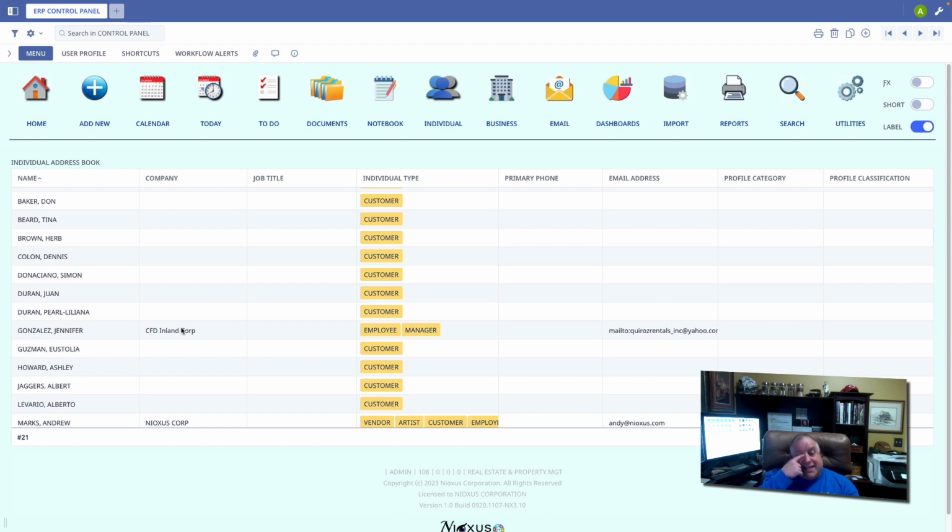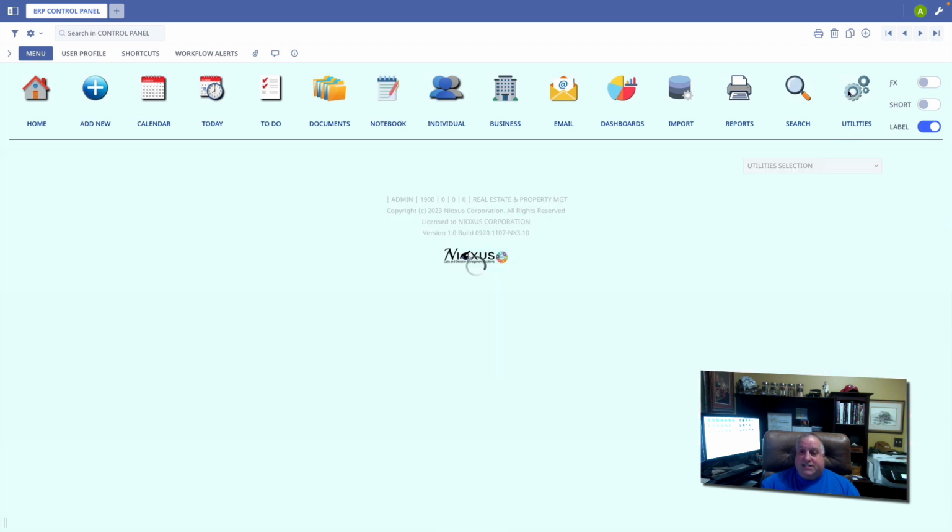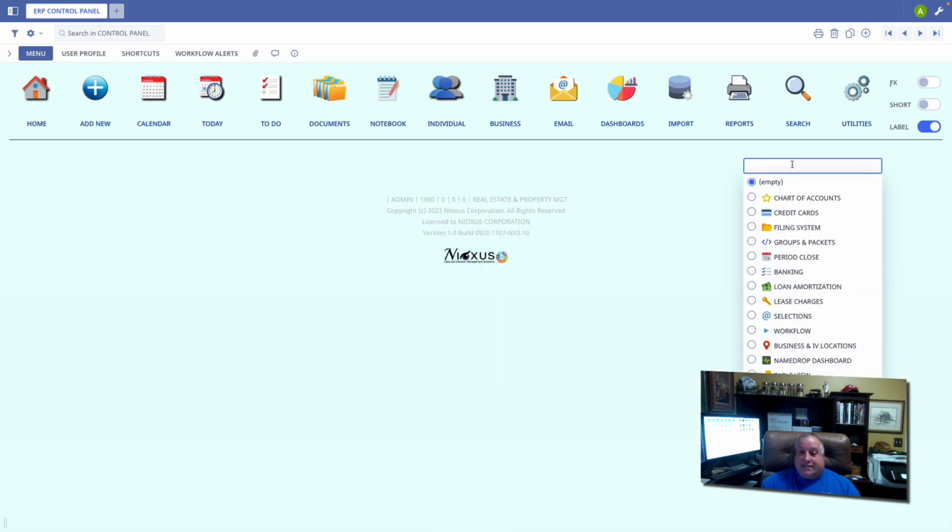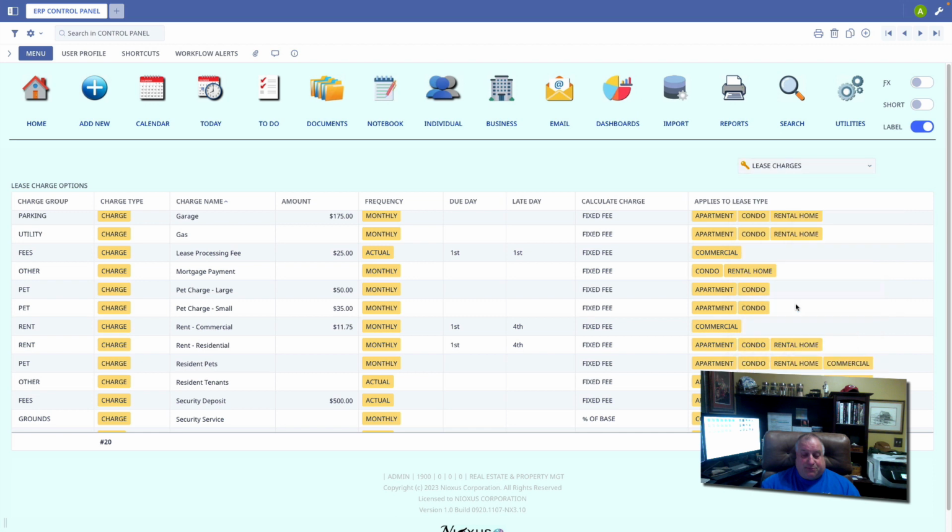To set up these generic fees and charges and assessments, we go to System Utilities and select Lease Charges. We can have an unlimited number of lease charges, and each lease charge has many different options for how it's calculated and assessed. Let's take a look.